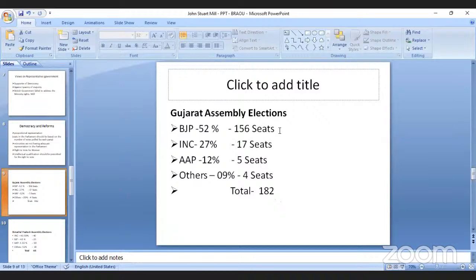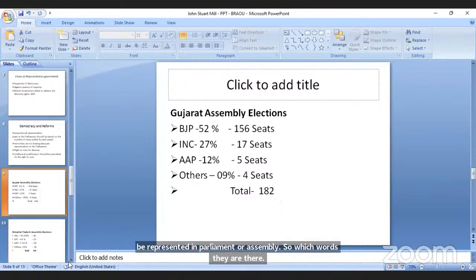As per J.S. Mill, there are 182 seats in total, and only 52 percent of people would go to the parliament or assembly. So J.S. Mill is telling us that representatives should be represented in parliament or assembly according to the ratio of the votes they get.